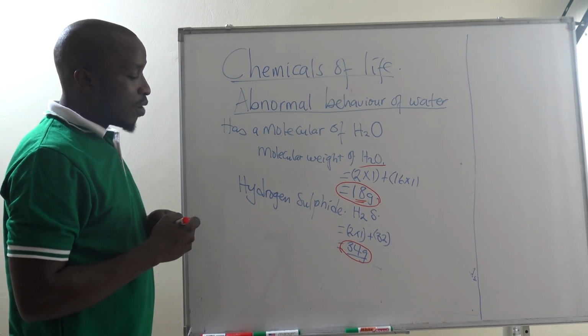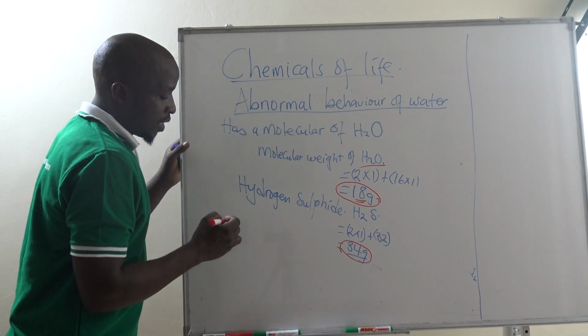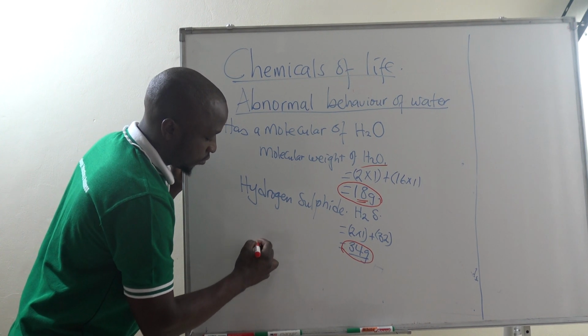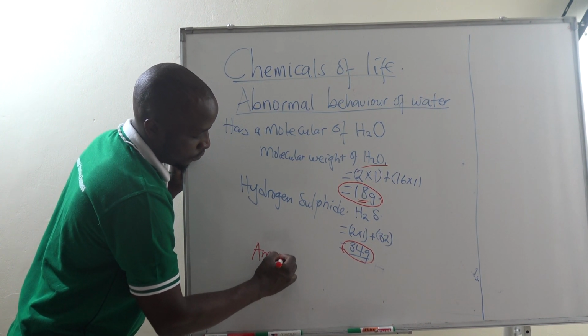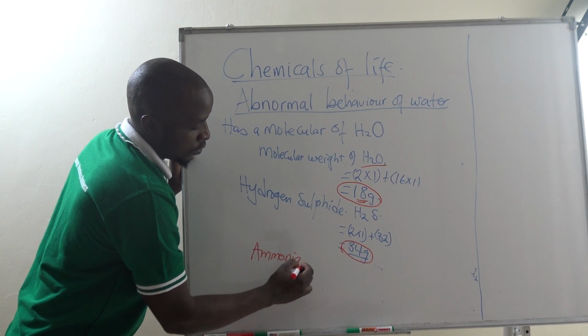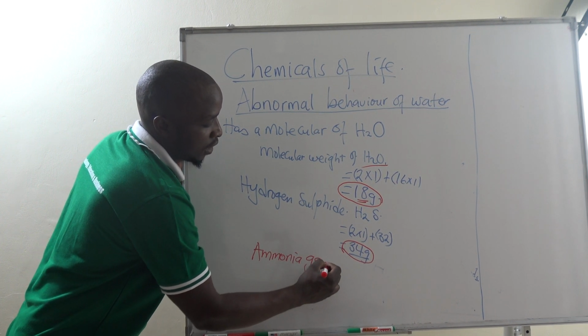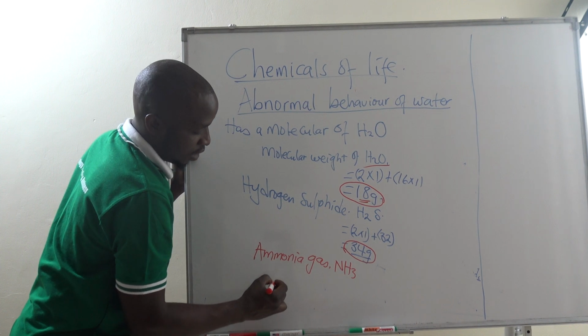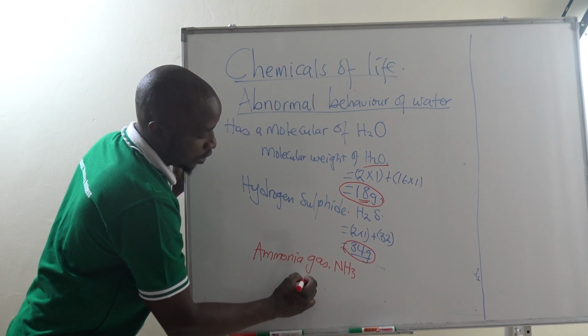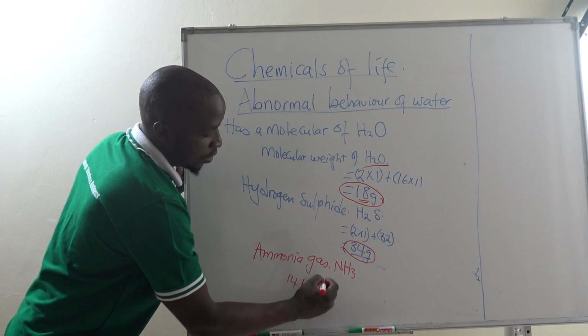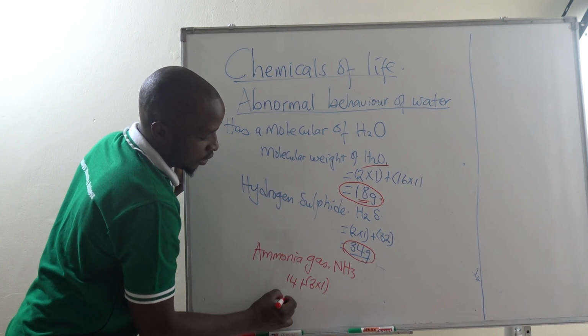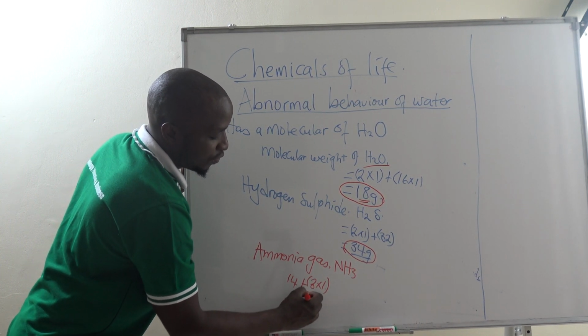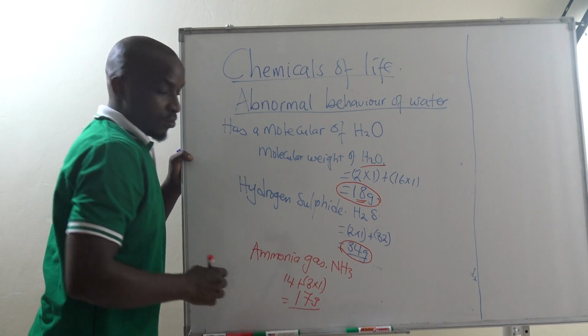If you have to consider one more substance, let's say ammonia gas, it is NH3. And this would mean it is 14 plus 3 times 1. This is equivalent to 17 grams.